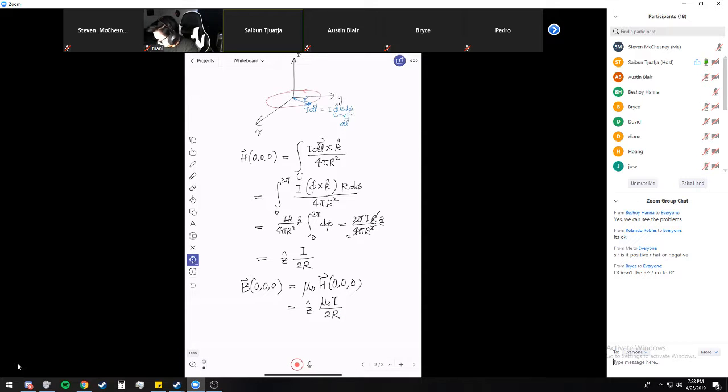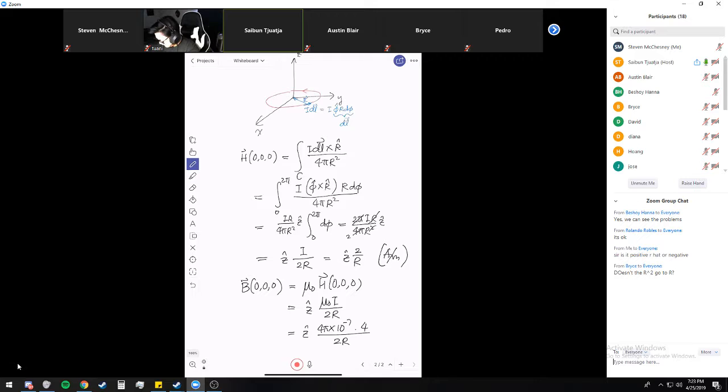If I put all the numbers given to me, H is equal to z hat, I is 4 amps, so it's basically 2 over R, right? The unit is ampere per meter. Here we have B equal to, again the vector is z hat, mu 0 is 4 pi times 10 to the minus 7, and I is 4, divided by 2R, right?